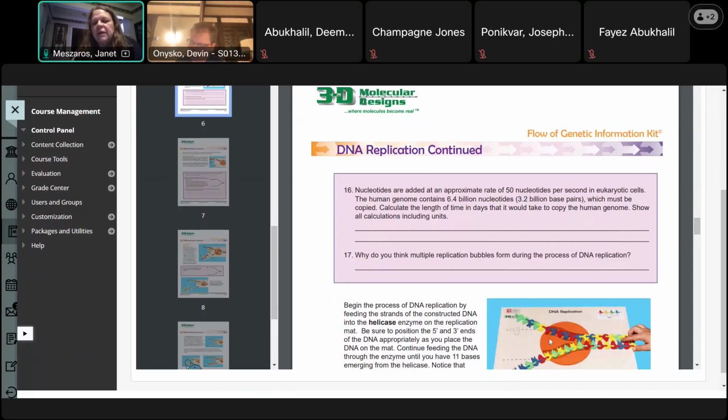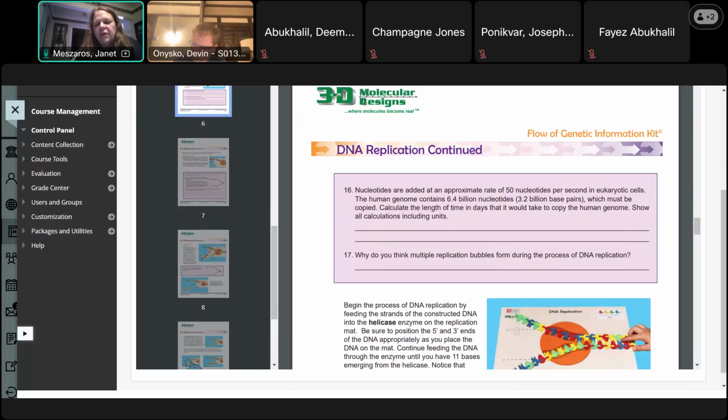The enzyme is called helicase. Here it is right here. And what does helicase do? This is important. It unwinds the DNA. You need to know that. It doesn't unwind all of it. It just unwinds them so that you can start duplicating the DNA.